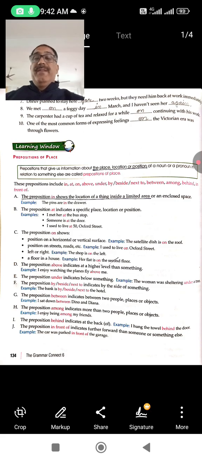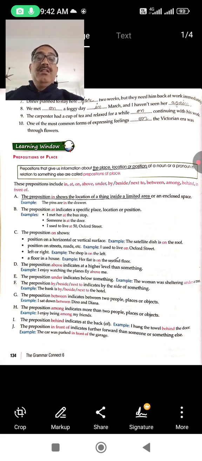Next, rule D. The preposition above indicates at a higher level than something. For example, I enjoy watching the planes fly over me. The next rule is the preposition under, which indicates below something.